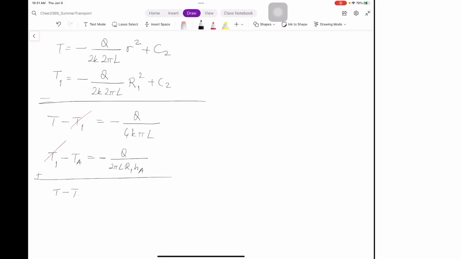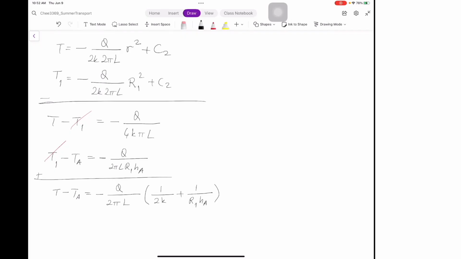T minus TA is equal to minus Q over 2 pi L. Let's take the 2 pi L parenthesis. And it's going to be 1 over 2K plus 1 over R1 HA.